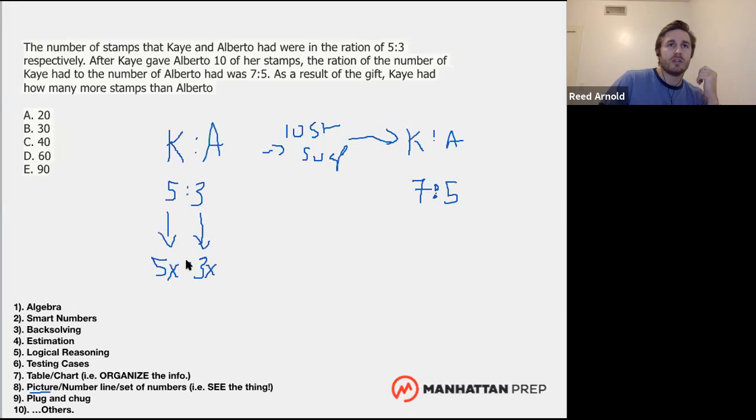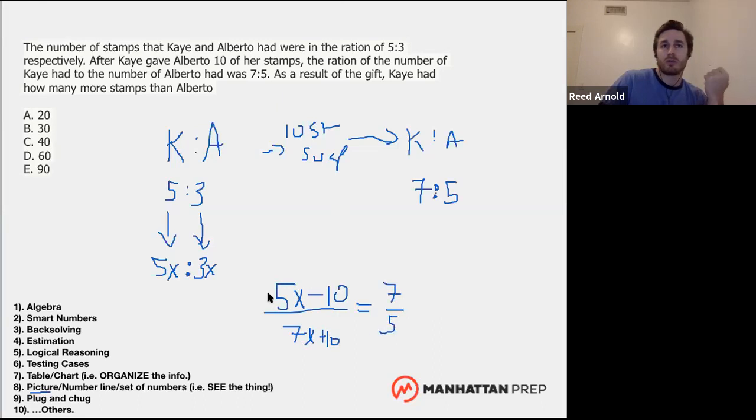That's using what's called the unknown multiplier, because I know how ratios work. This is the relative amount. These are the actual amounts. And then I know that K lost 10 stamps and Alberto gained 10 stamps. And that gave us a new ratio of 7-to-5.